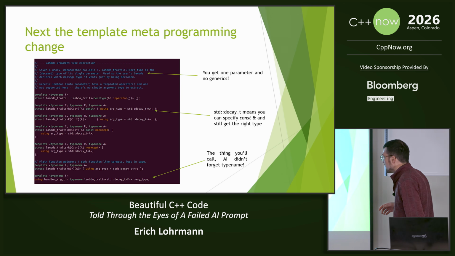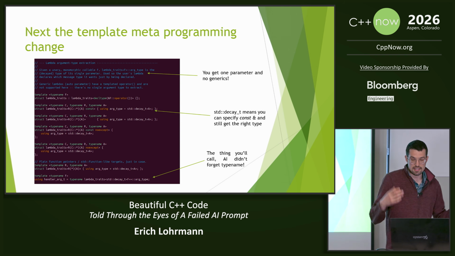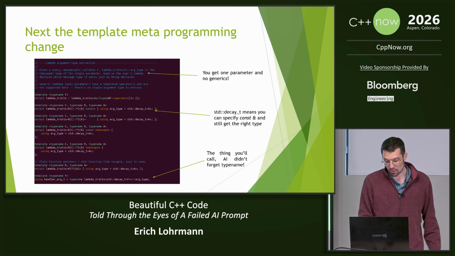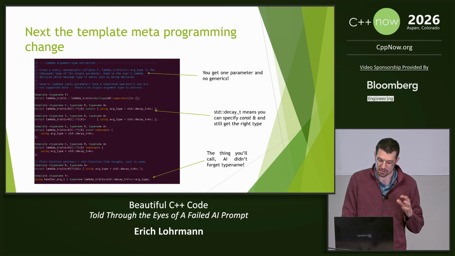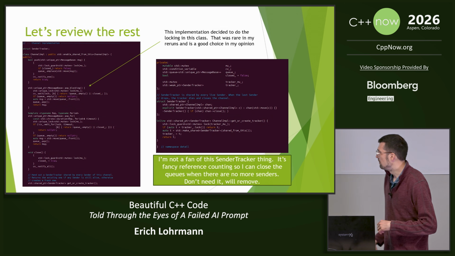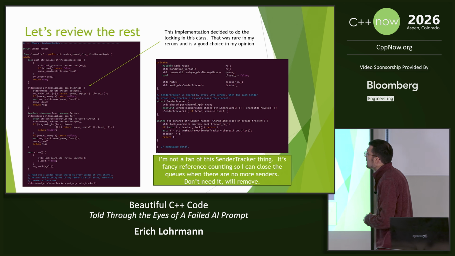And then the magic thing that makes all of this go is down here. There are lots of talks about how this works in detail, but the point is that the AI got it right. And so it's interesting. Let's take a look at the rest of it.